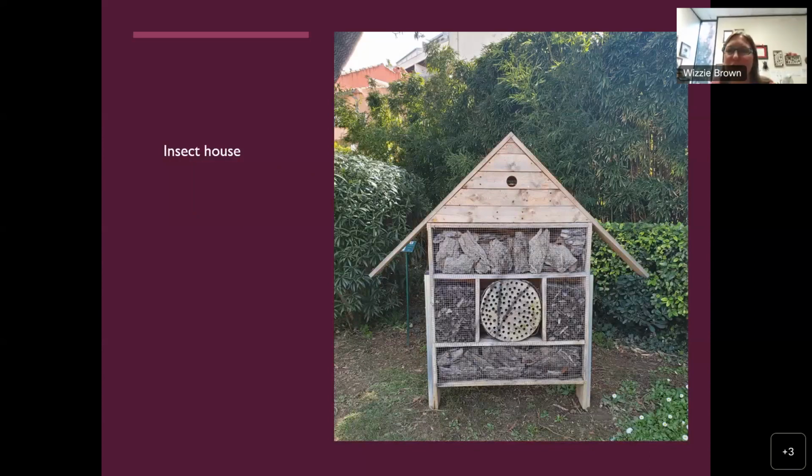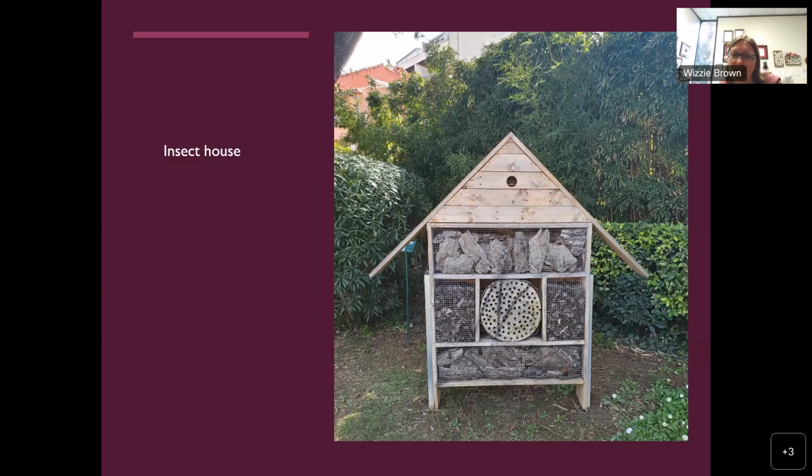I took this picture last month when I was on vacation in France, and I was super excited because we went into this little town and I found the park and this was in there, and I was just completely charmed. So this is a wooden structure that they have put tree bark, and we have the log with the holes in it, and there's different leaves and stuff like that.